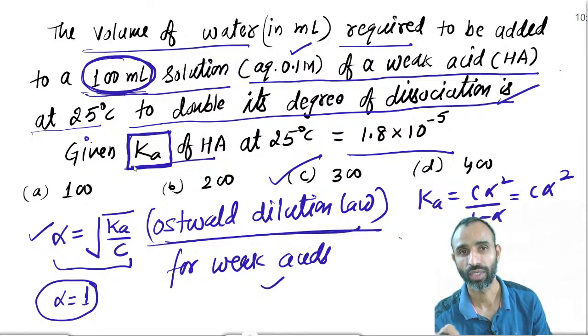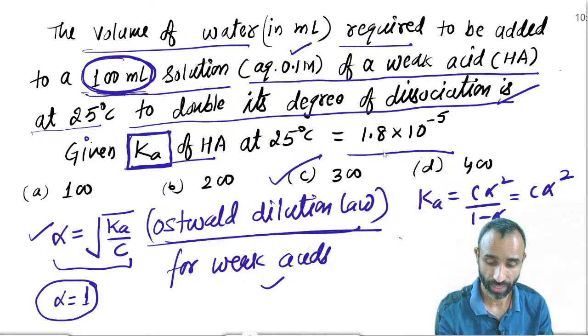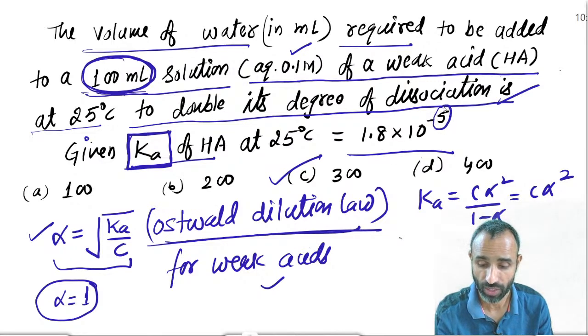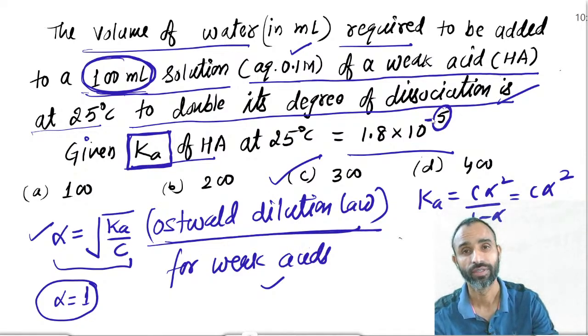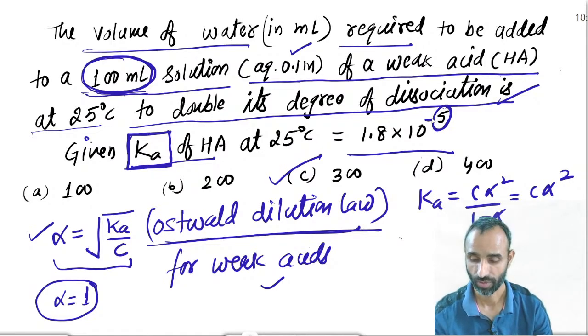See, Ka is 1.8 into 10 raised to minus 5. That means it is a very weak acid. So here we can take 1 minus alpha as 1.